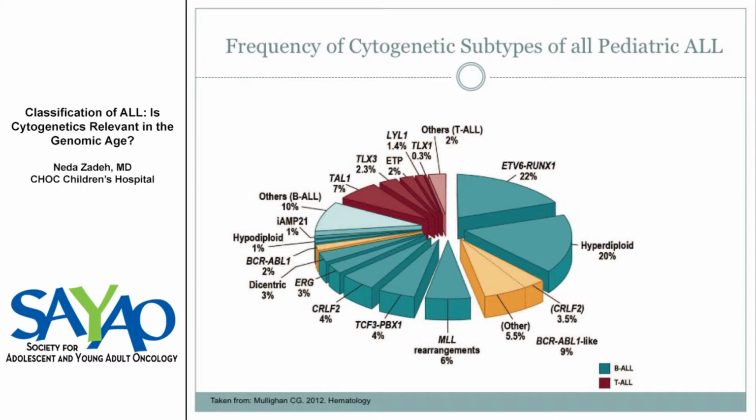Although these rearrangements are very important initiating events in leukemogenesis and are widely used in diagnosis and risk stratification algorithms, they are really insufficient to fully explain leukemogenesis. Rearrangements such as ETV6-RUNX1 can even be present years before the development of leukemia, and many do not alone result in the development of leukemia in experimental models.